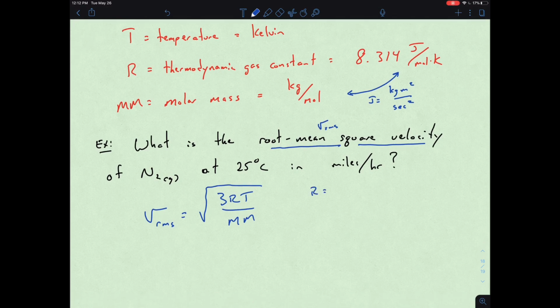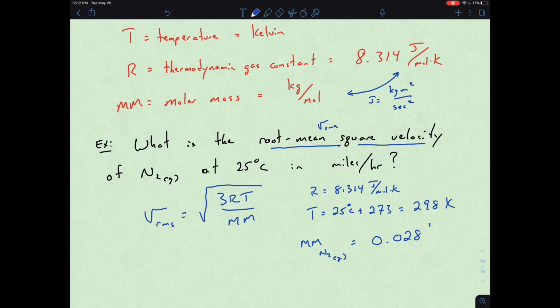We have our R value. Again, we want to have the thermodynamic R value. Our temperature would be 298 Kelvin. And our molar mass for nitrogen would be 0.028 kilograms per mole.